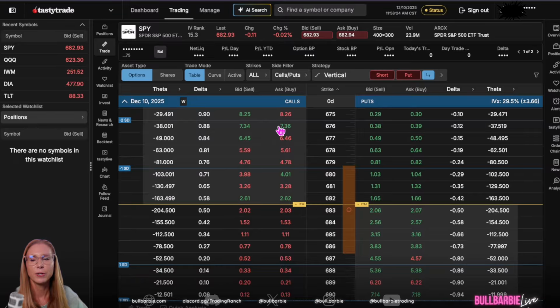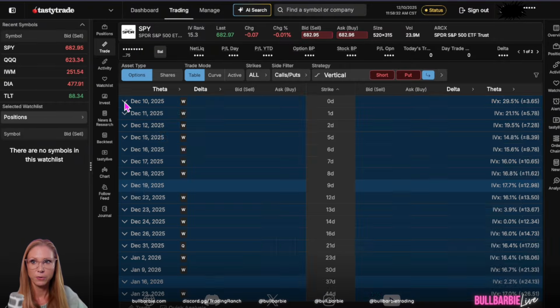These are the 0 days till expiration contracts on the spiders, the SPY, because they expire today, December 10th. So these have 0 days left till expiry. Tomorrow's have 1, and Friday's have 2, and so on. You'll see these also have weeklies here, and you'll hear this a lot.